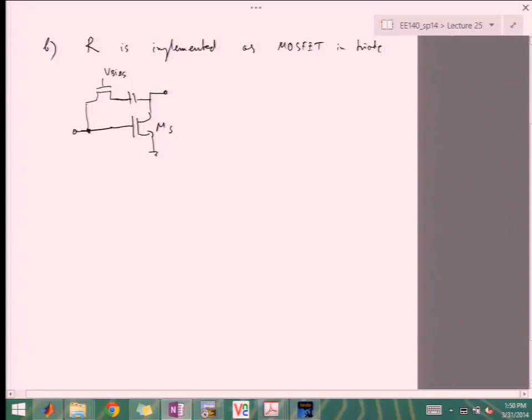This will be M5. Now, the question is, should I put this arrangement to be like this, or maybe like this?